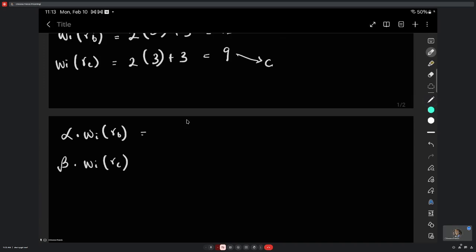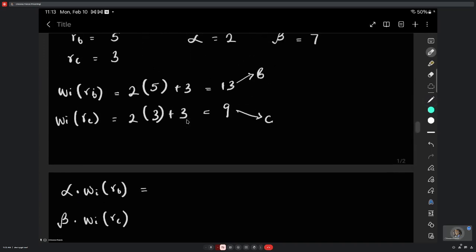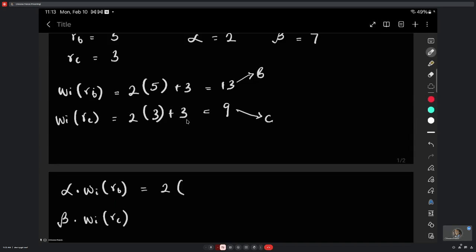Okay, so what is our alpha? 2, right? What's our wi evaluated at rb? That's 2. Okay, no, I'm talking of the polynomial, 2x plus 3. But we know this x now will be rb, right?